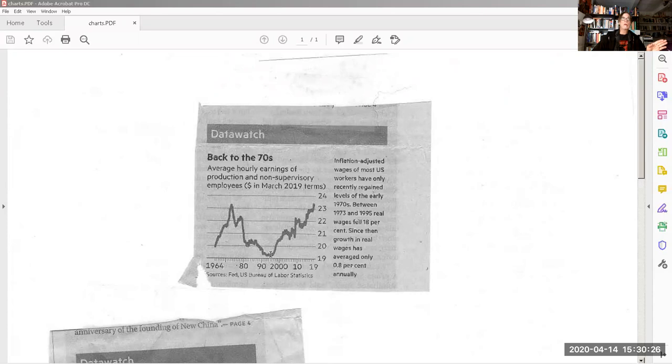19 and a quarter, roughly $19. And it's only been since 2019 that the inflation adjusted wages of working adults have reached the point they were at in 1970. So this is not all just the financial crisis of 2008. That was this little dip.